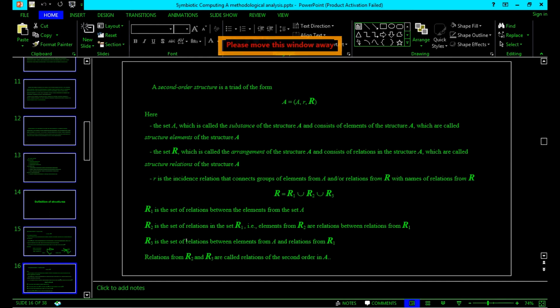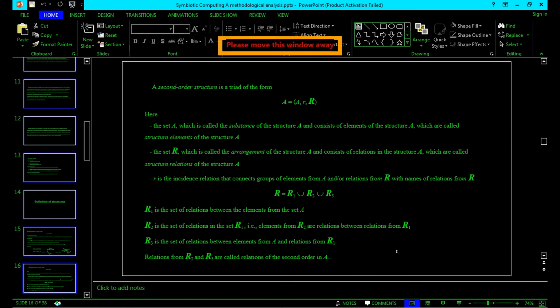And R3 is a set of relations between elements from A and relations from R1. And the relations from R2 and R3 are called relations of the second order.